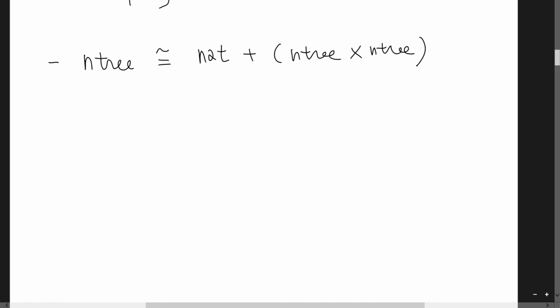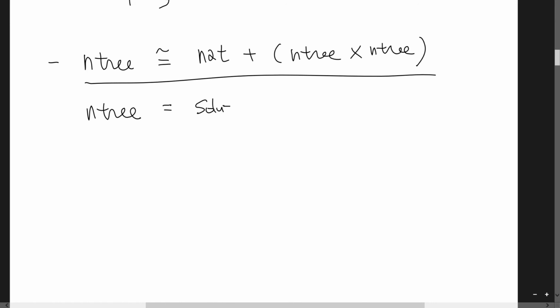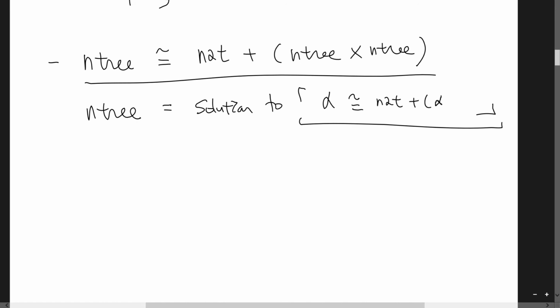Now let's formally extend the syntax for types. The idea here is we can think of N3 as a solution to this equation, and the equation is alpha equals net plus alpha times alpha.